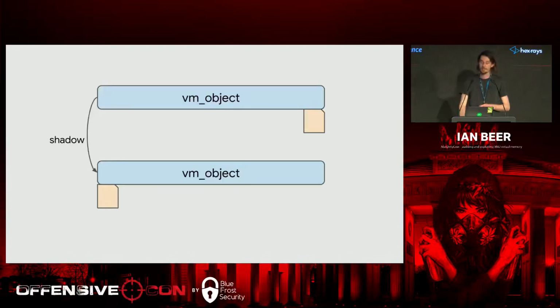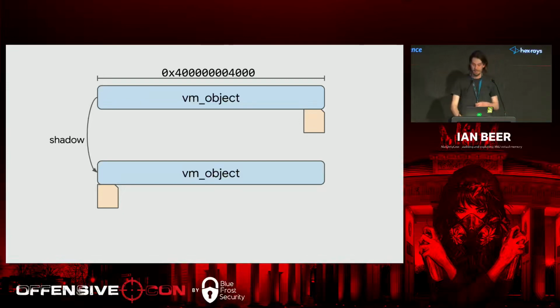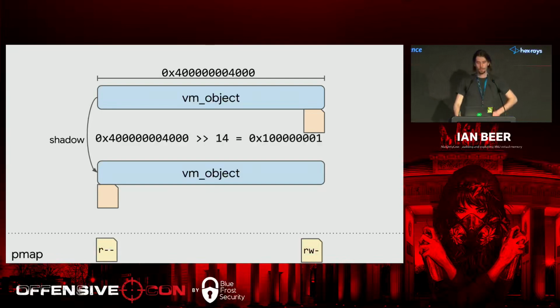And so what that means in practice is we can create two of these extremely large objects, with the upper one shadowing the lower one, and they each have one resident page. If we make the sizes the value that's going to overflow plus the size of one 16K page, then when the garbage collection tries to determine whether that upper object is completely full, as in, does it have resident pages which must cover its entire size, it takes the size, shifts it down by 14, and then truncates that to a 32-bit integer.